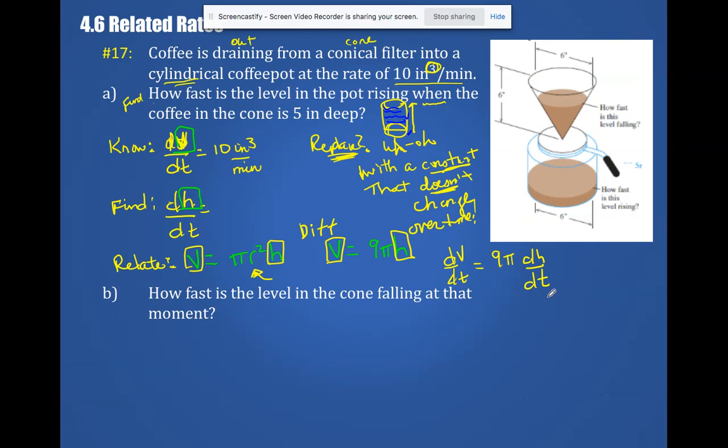Now substitute in. What do I know? I know the 10. So I'm going to replace here, and I'm trying to solve for dh/dt.